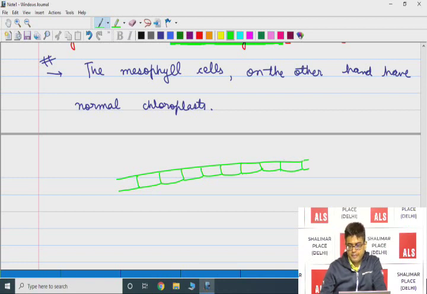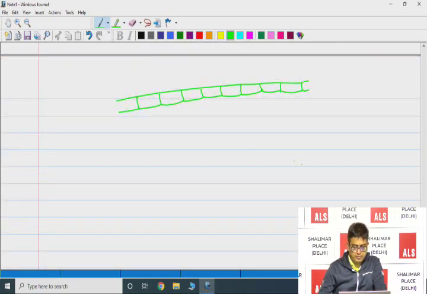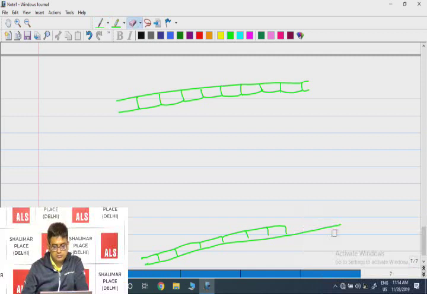Then we have the lower epidermis as well. Between them I have to draw a lot of structures, and in the lower epidermis you will also have to show stomata. I'll draw this stomata in here somewhere, like this. So this is the stomata with the guard cells and all that.